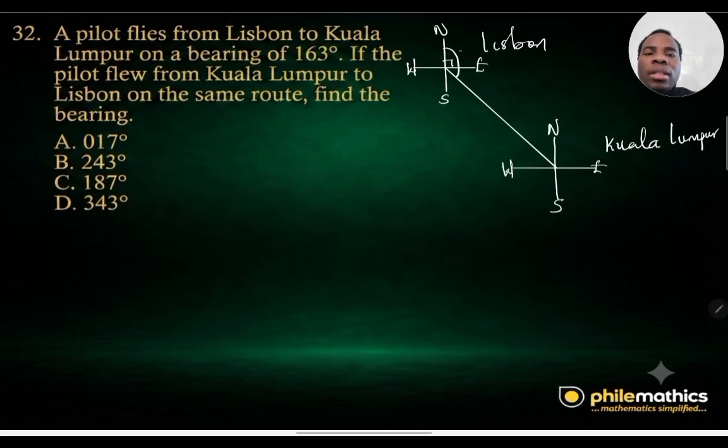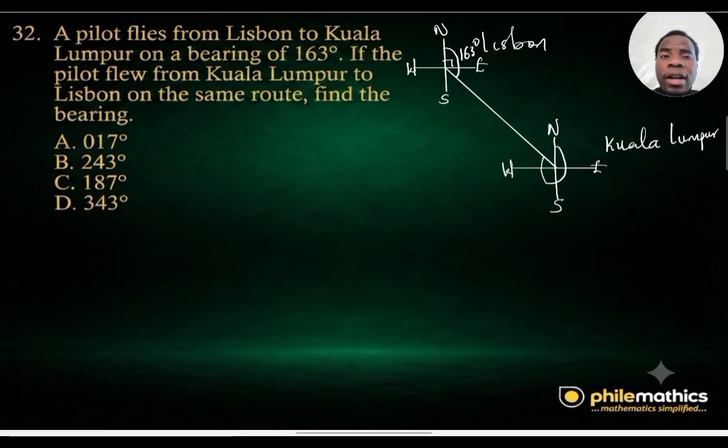If this is 163 degrees, we are asked to look for the bearing from Kuala Lumpur to Lisbon. Remember, you always measure bearing from the north. The bearing of Lisbon from Kuala Lumpur will be from the north of Kuala Lumpur to this.